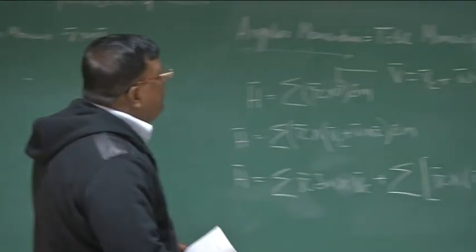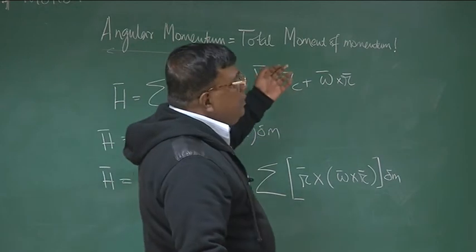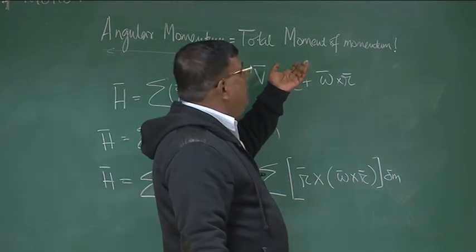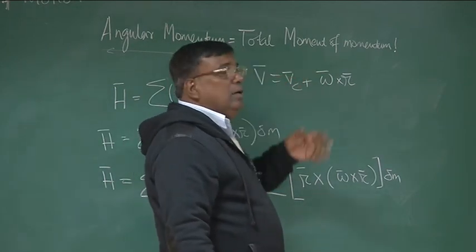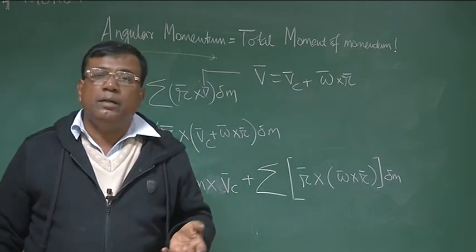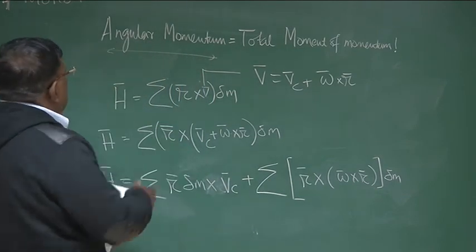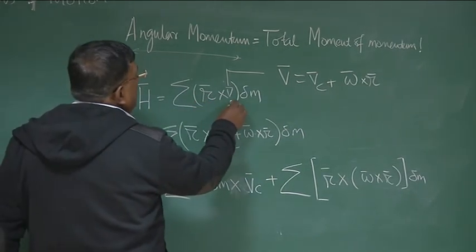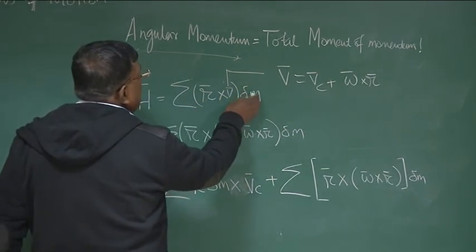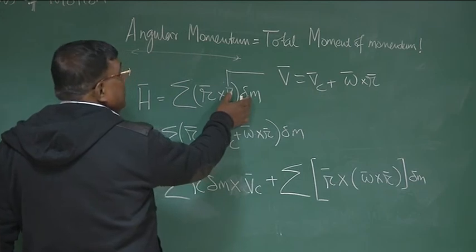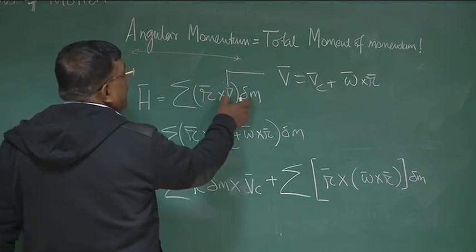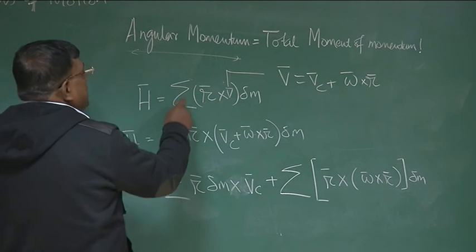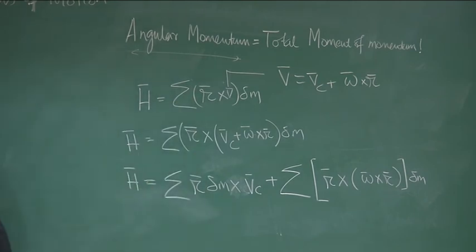And what is angular momentum? If you go back to class 10th, 11th, it is defined as the moment of the linear momentum. So h, the angular momentum, is the moment of the linear momentum. v bar delta m is the linear momentum of an elemental mass, moment is r cross that, and the summation means it is the total vector sum.